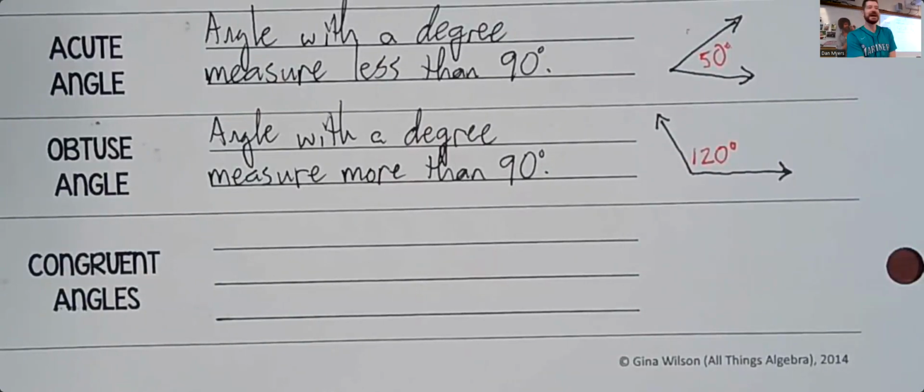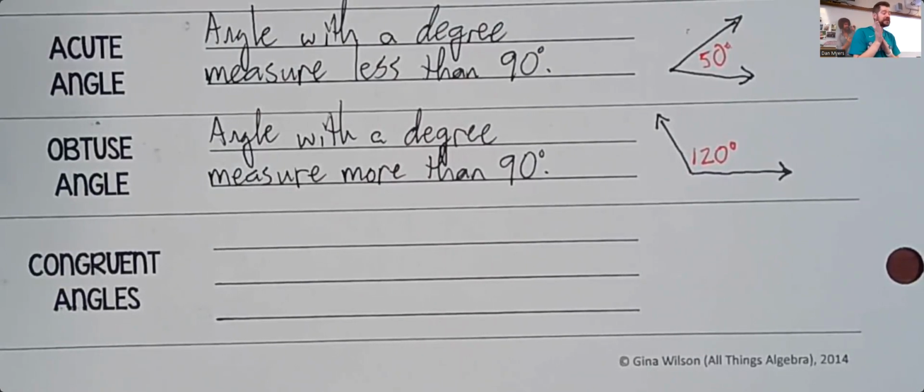Now, there is actually a limit to how big an obtuse angle can be. Yes, it's more than 90, but it's also, and we're not going to write this down, less than 180 degrees. So an obtuse angle can't end up being more than 179.99, whatever. It's got to be less than 180.